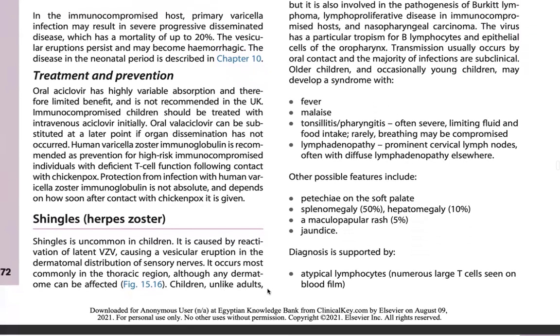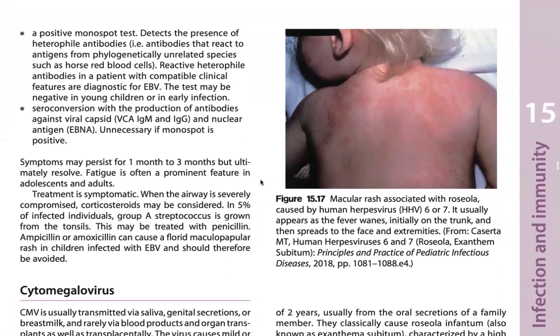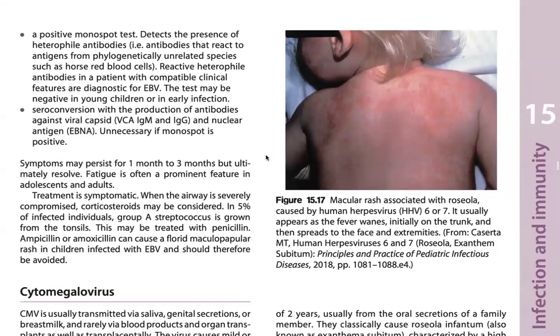Diagnosis is supported by atypical lymphocytes, numerous large T cells seen on blood film. So, a positive Monospot test detects the presence of heterophile antibodies, antibodies that react to antigens from phylogenetically unrelated species such as horse red blood cells.